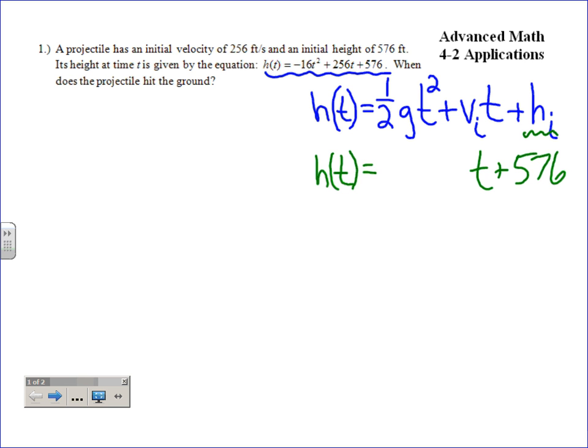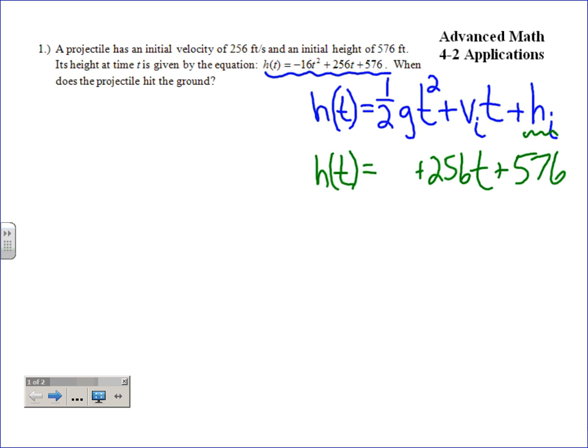You will learn that that means it started going up. Because obviously if I'm at 576 feet up in the air, could it possibly start going down? Could I throw it up or down if I had something? I could, right? This one happens to be going up because it's a positive. Okay? If I said I threw it down, then it would be a negative. Okay? But it is a positive, so we'll say positive 256t.